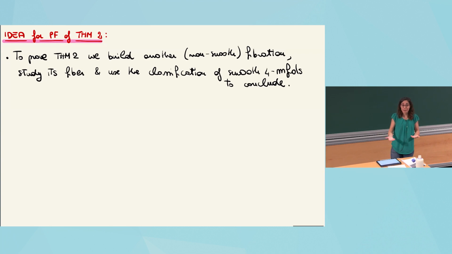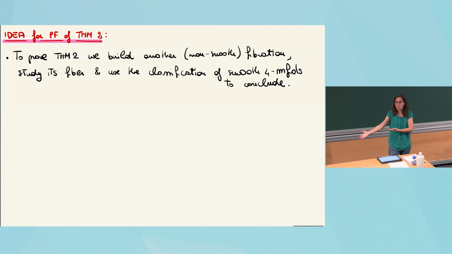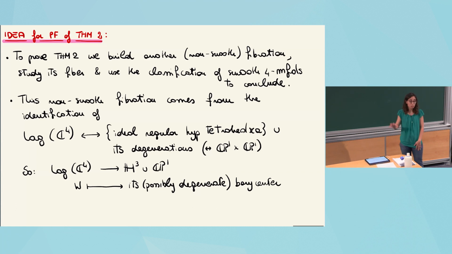Okay, so where is this other fibration coming from? We worked really hard to get one before. This non-smooth fibration came from something we realized when we were studying the SL2C orbits on the Lagrangians of C4.